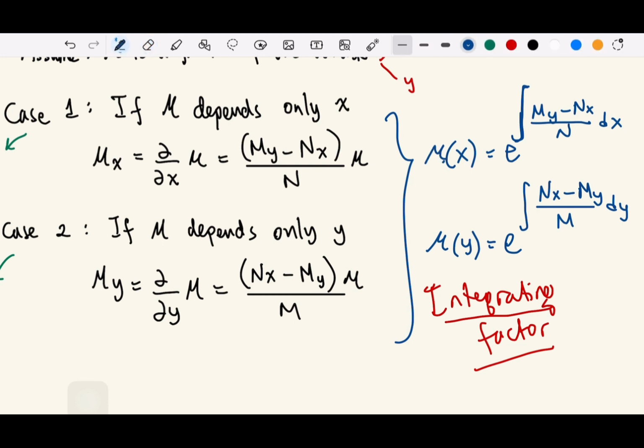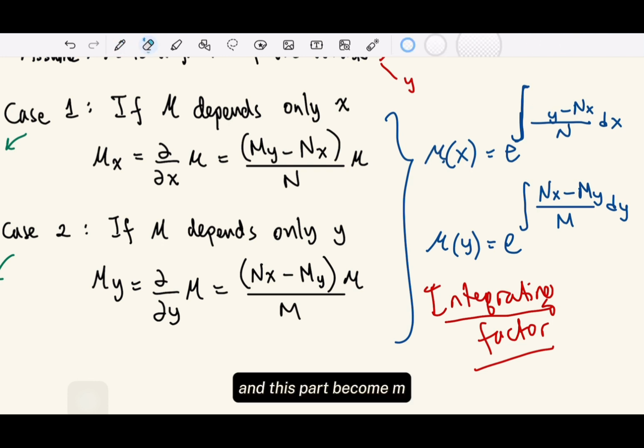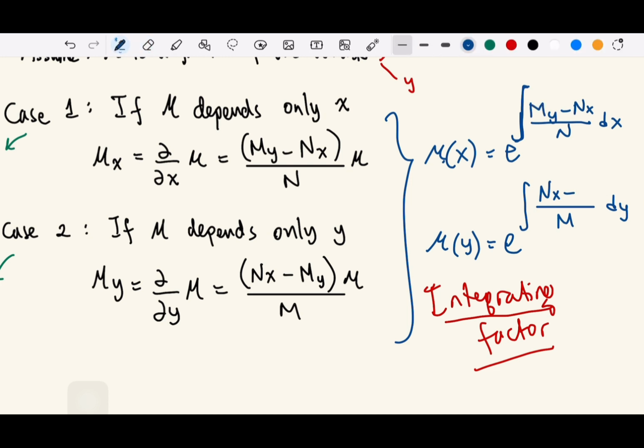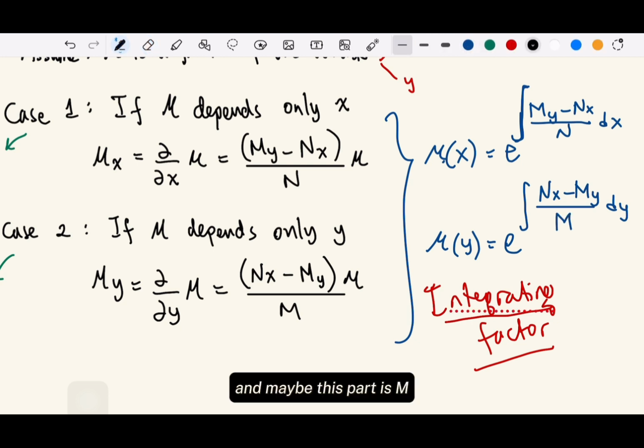Okay, and this part becomes M, like that. And maybe this part is M.